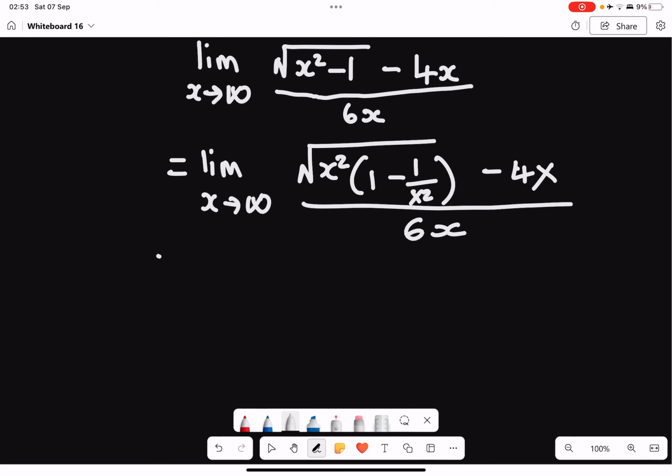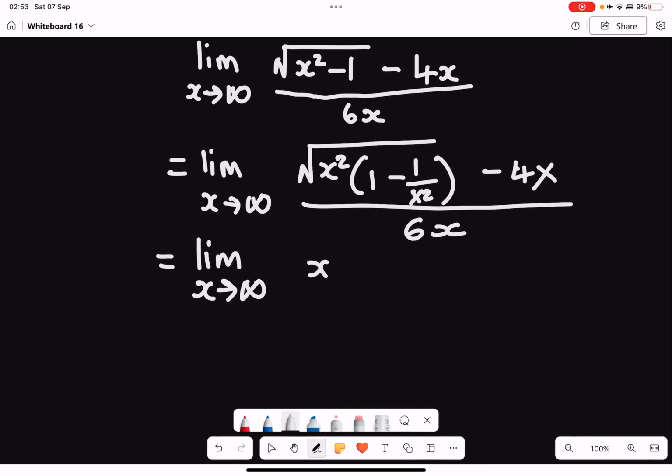Now let's proceed. I have limit as x approaches infinity, and then I can see now that the square root of x squared is x, so that part can go out.